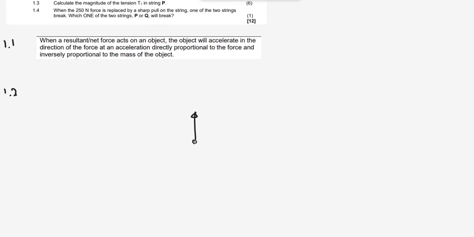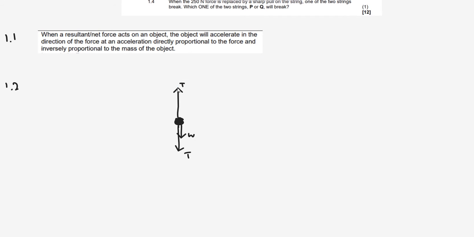So our free body diagram is something like this: this is T1, this is T2, and this is our weight.